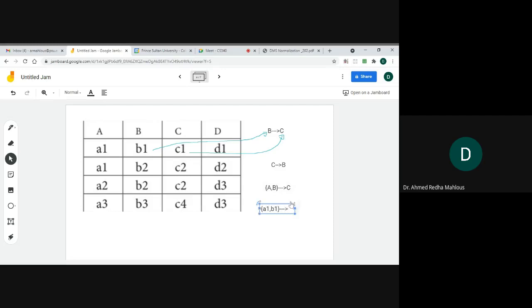What is the value of the attribute C if I combine A1, B1? C1. Okay, good. The second one, A1 B1, gives me C1.